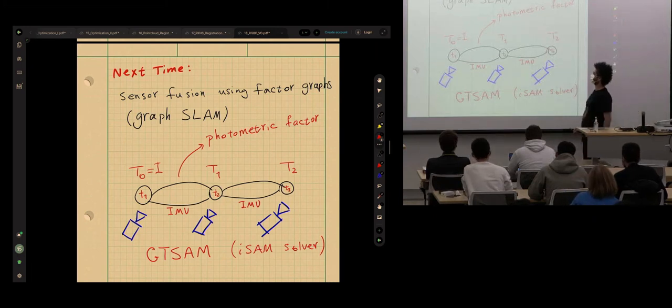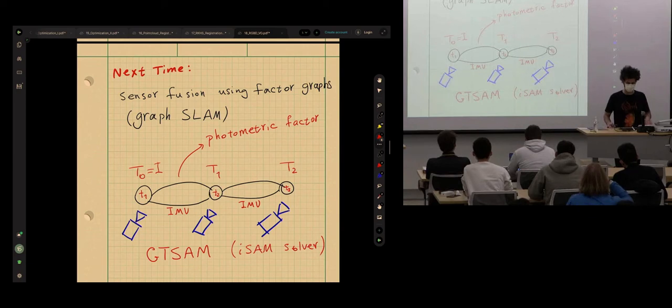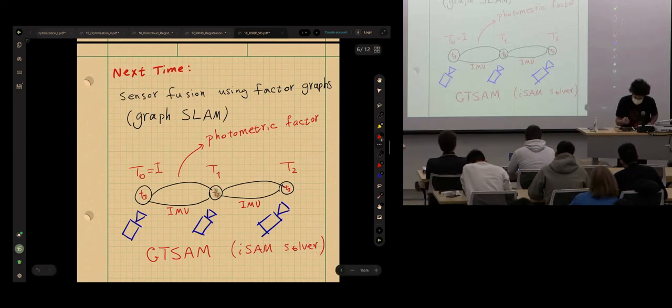The question is that now the nodes that I'm writing here, in this rough figure, I have t maybe 0, 1, and 2.